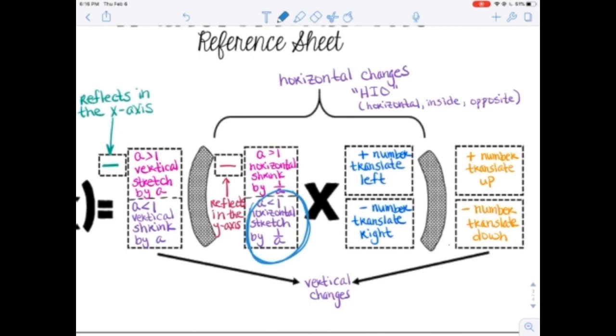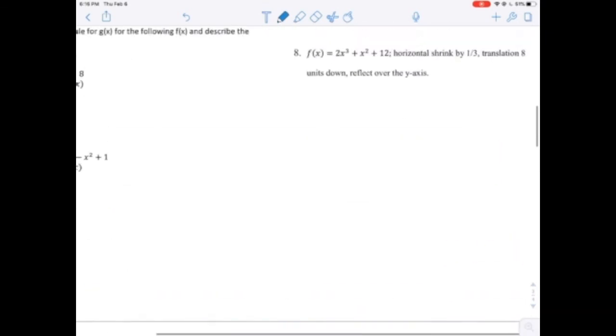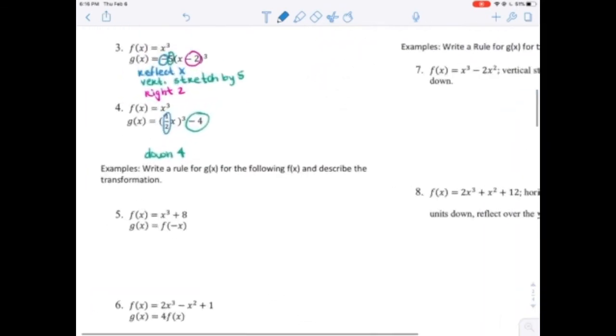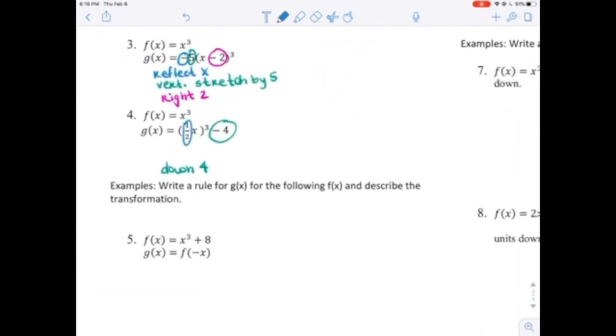Well, if I flip 1/2 upside down to take the reciprocal of it, I'm going to get a 2. So this is actually a horizontal stretch by 2. Okay, so again, you see the opposite or the reciprocal of what you see in the parentheses is what's actually happening. It's a stretch by 2, not a shrink by 1/2 like you might think.